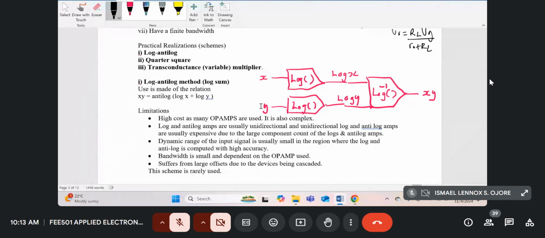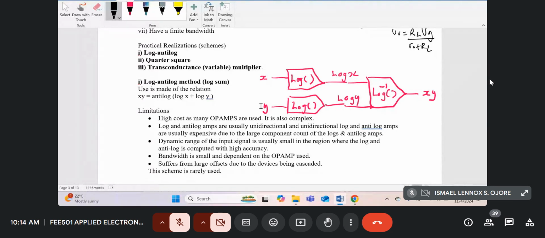They have so many op-amps inside them, and op-amps tend to suffer from offsets. So you have to put null offsetting circuits in each of the op-amps. And further, the log and anti-log circuits we studied were unipolar.